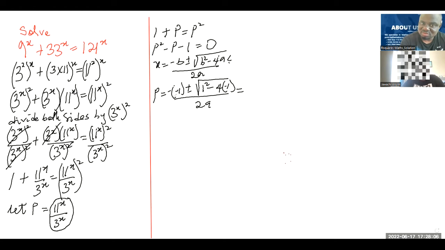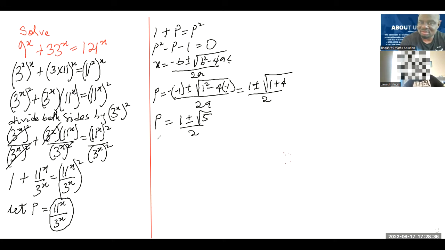That is equal to negative times negative is 1 plus or minus the root of 1 plus 4 all over 2, because a is 1. So P is equal to 1 plus or minus the root of 5 all over 2. Now the question from here is, how do we evaluate this?